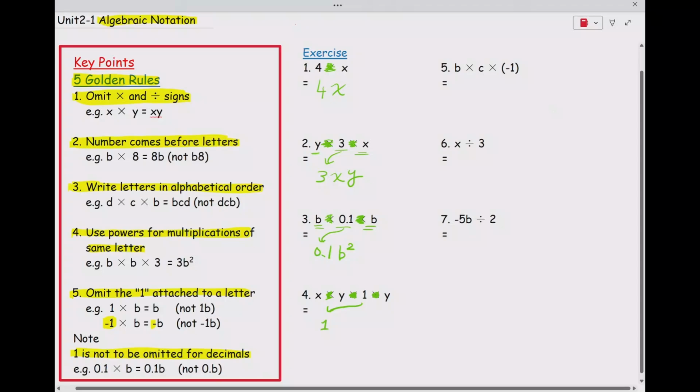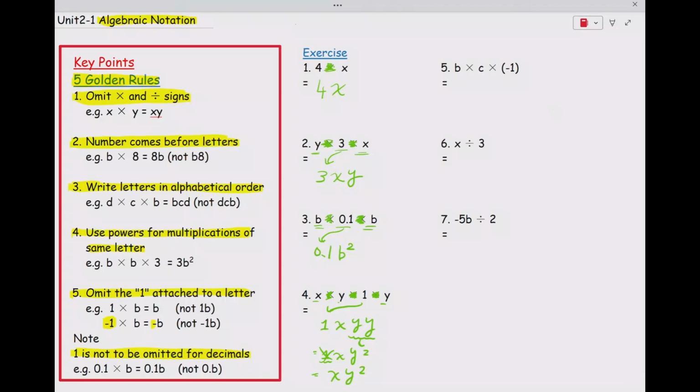The letters are then arranged in alphabetical order. Multiplications of the same letter are expressed as a power of the letter. Then, the one attached to the letter is omitted. Then, you get xy squared.